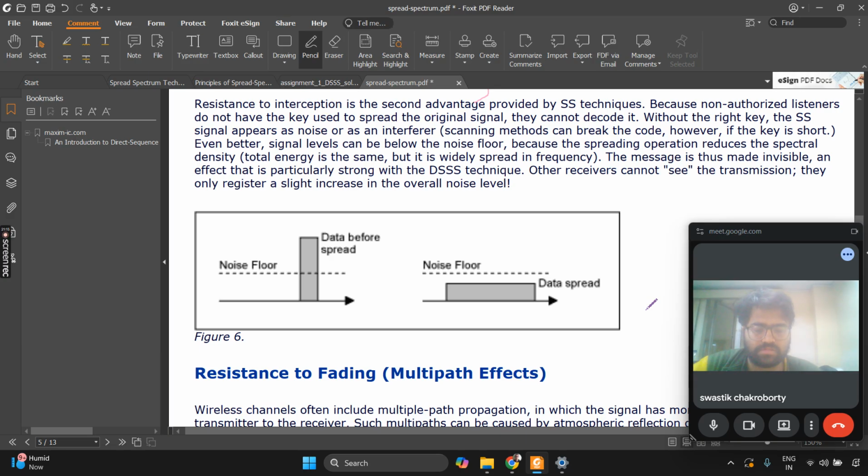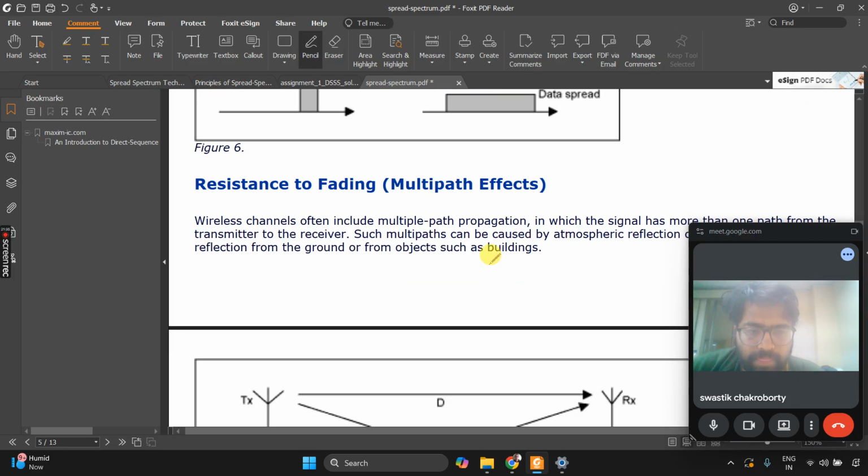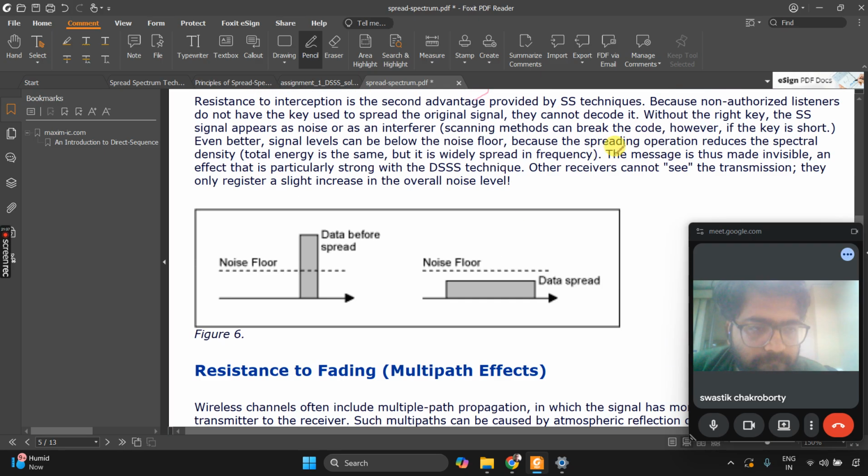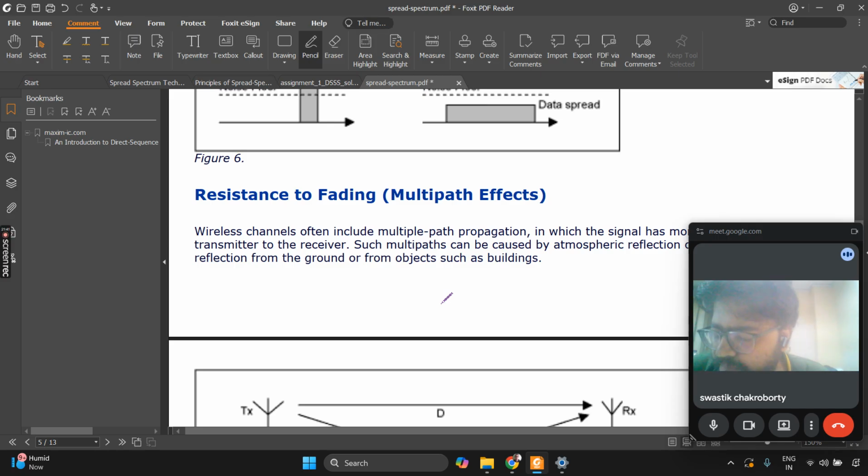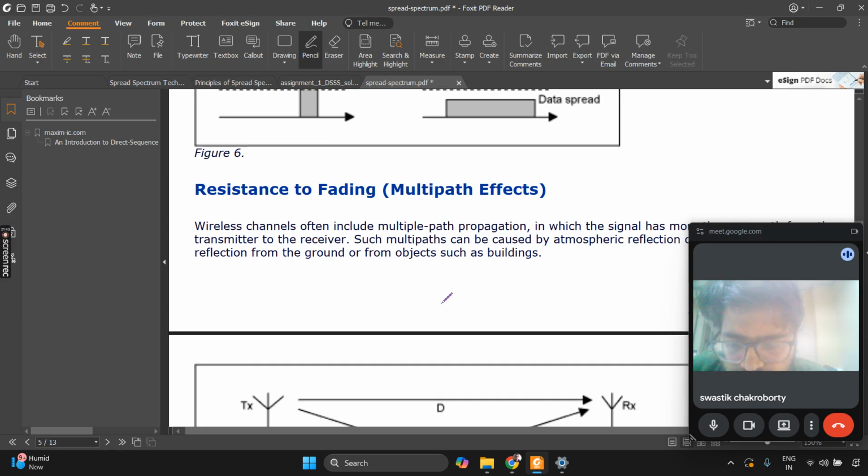But another thing is this: it will become invisible. Now another advantage is the resistance to fading.